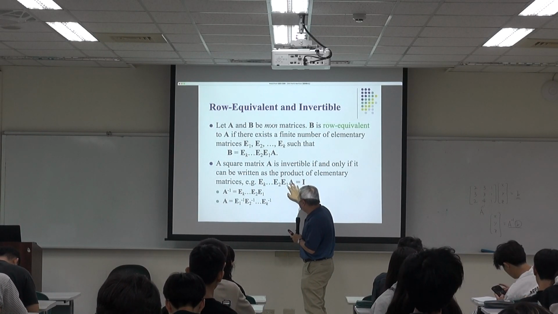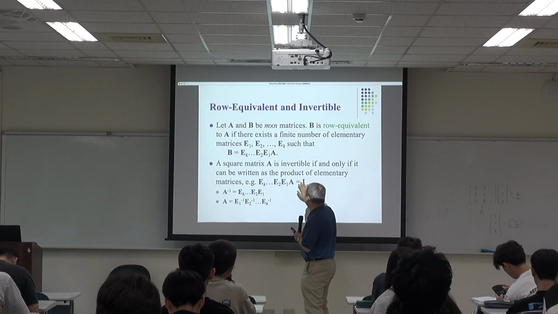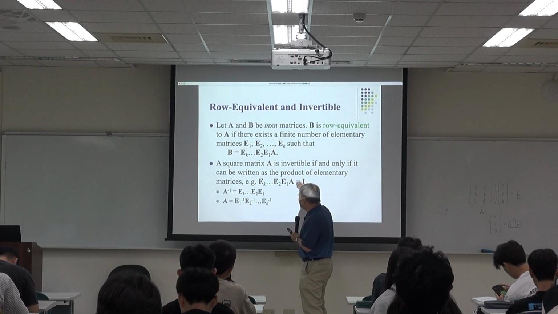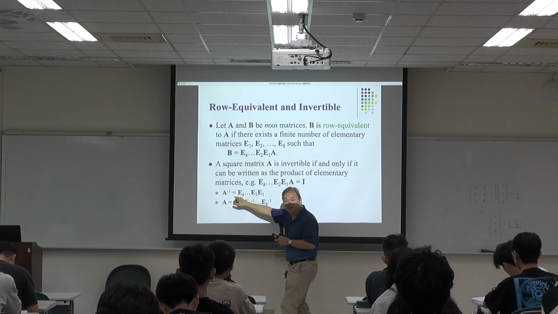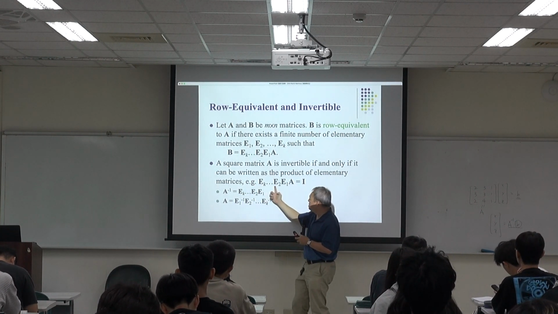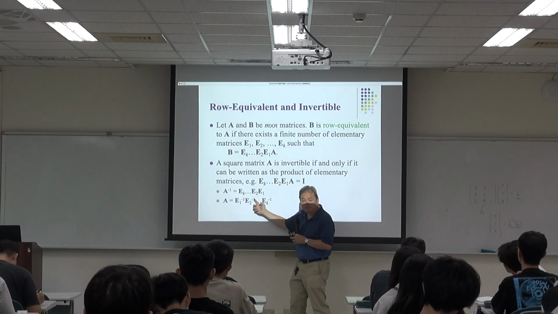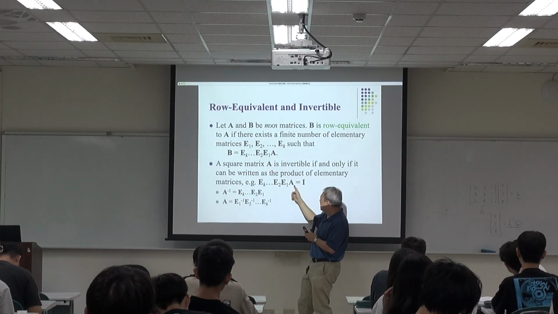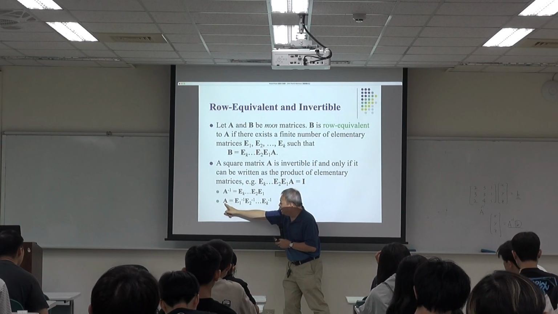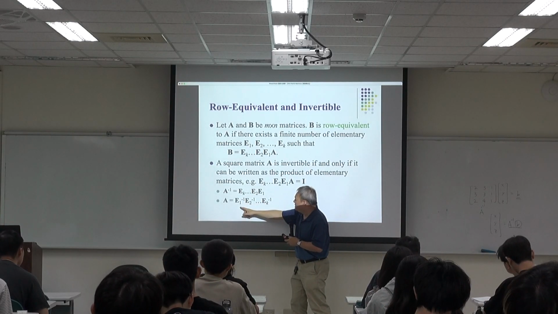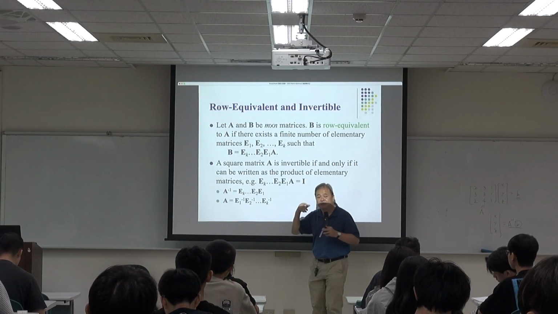So if EK ... E2 E1 times A equals I, then obviously A inverse can be represented by this product of elementary matrices, because this thing multiplied by A is I. Then A can be written as E1 inverse times E2 inverse ... times EK inverse, right?